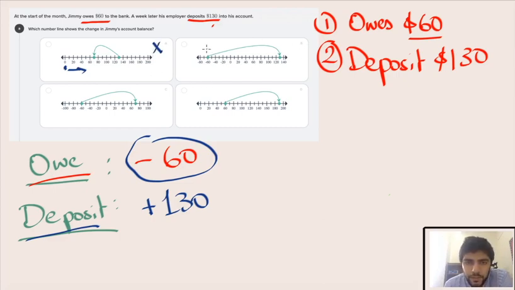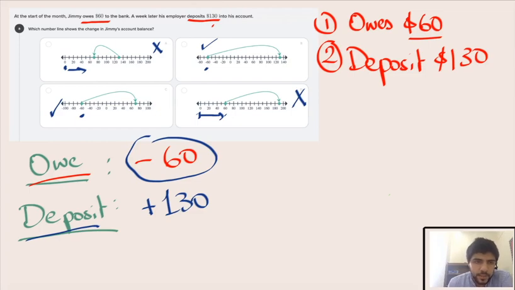B starts off at negative 60, so that's good, because it starts over here. C starts off at negative 60 as well, so that's good. And then D starts off at positive 60, as you can see, so that's bad because we need to start with Jimmy owing $60, which is negative. So we have two options right now, and that's B and C.